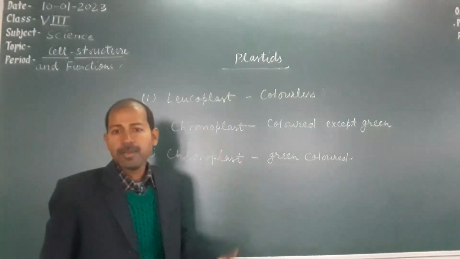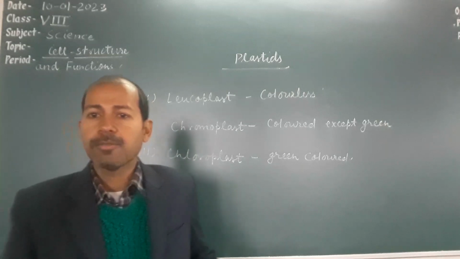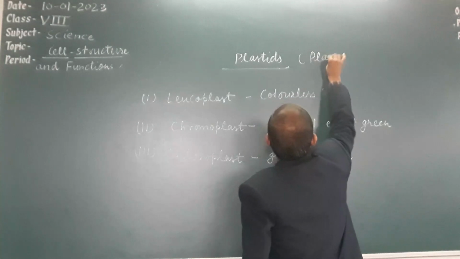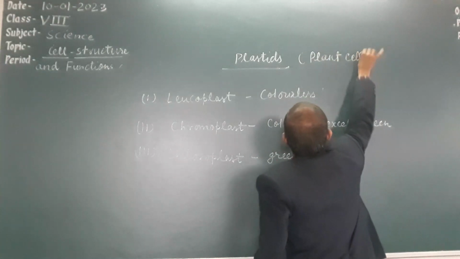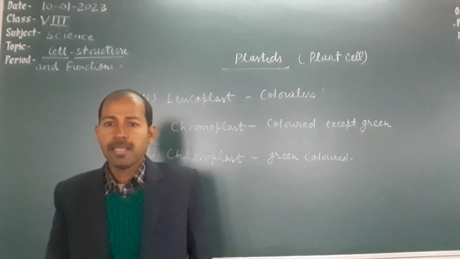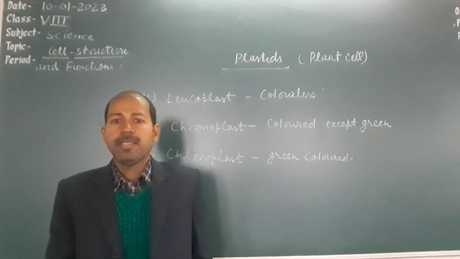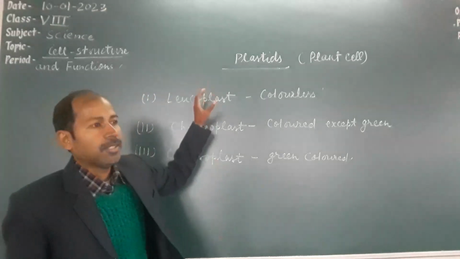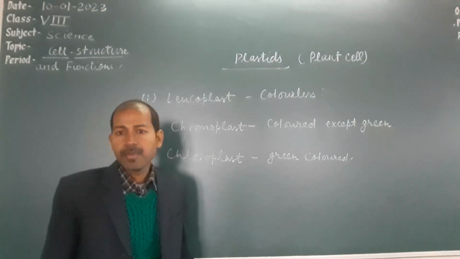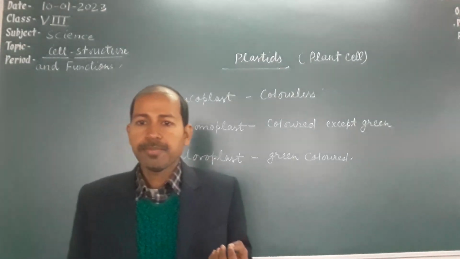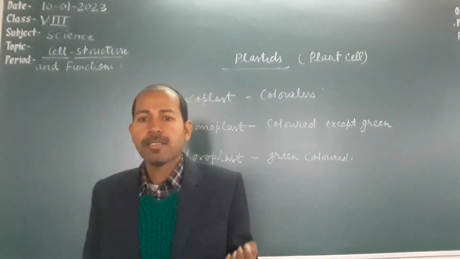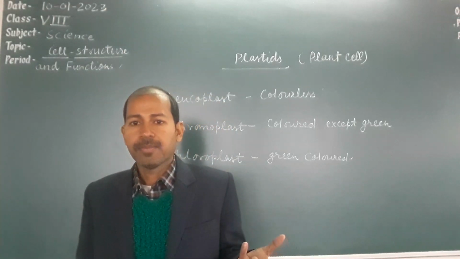Now I will discuss the plastids. Plastids are only found in the plant cell. It means it is a special characteristic of the plant cell. Plastids are pigments which play an important role in plants.